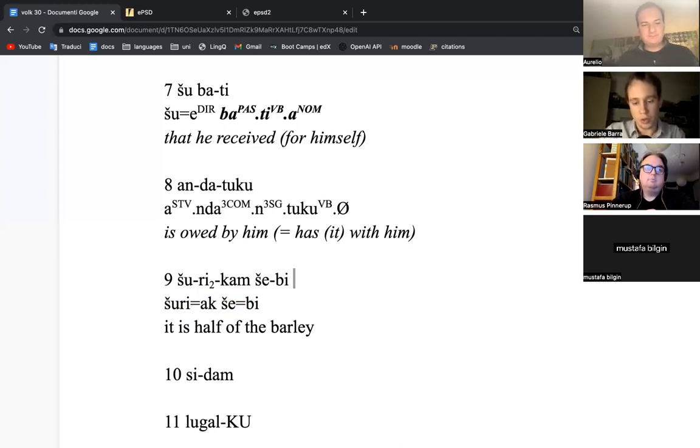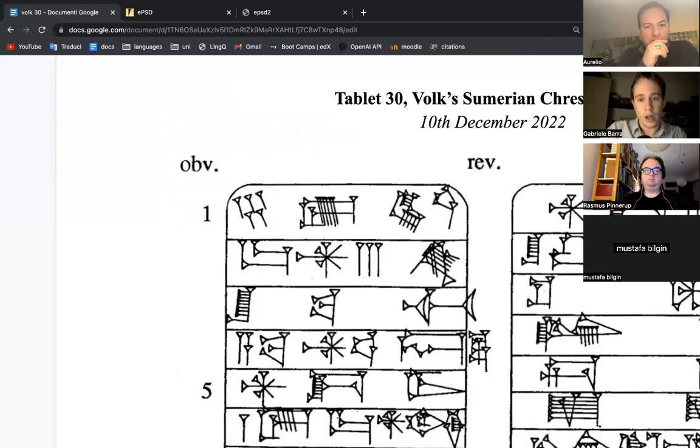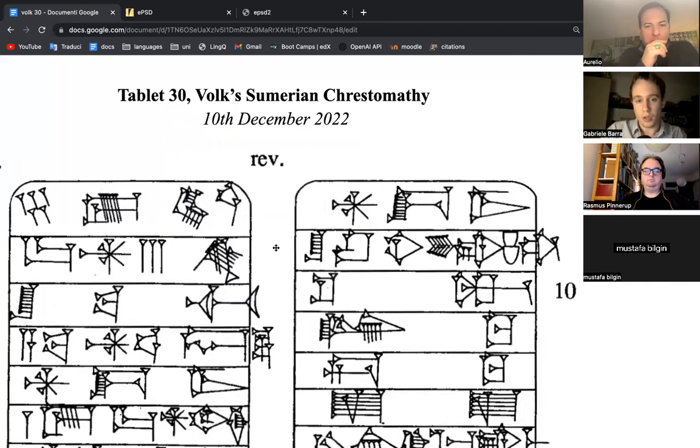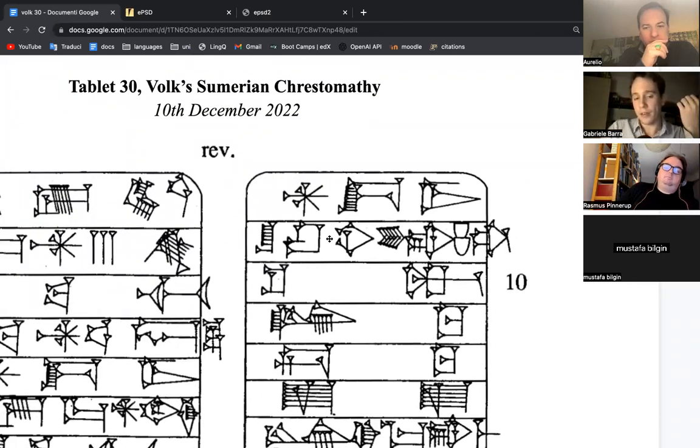So now we get to the interesting part. I'm gonna keep the letter ta because no doubts about that. But now we get to the interesting part. So we are now at line number 9. This would be the first character, shu, the hand, and then we have ri, which would actually be the sign for city, iri, and we know that logographic signs often devolve into phonetic signs, so phonetic spelling.